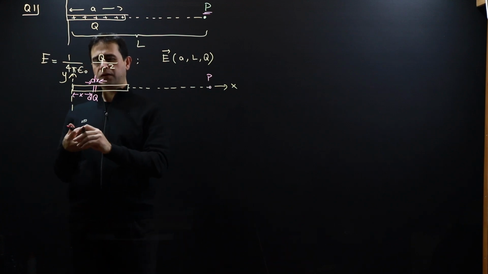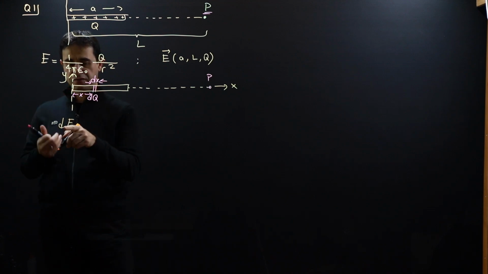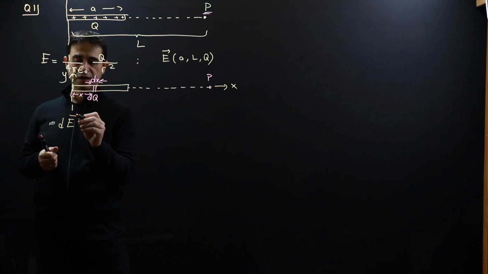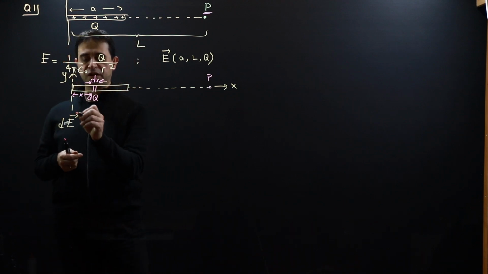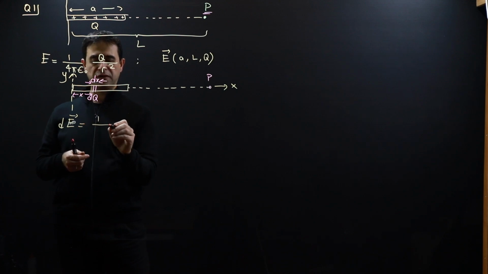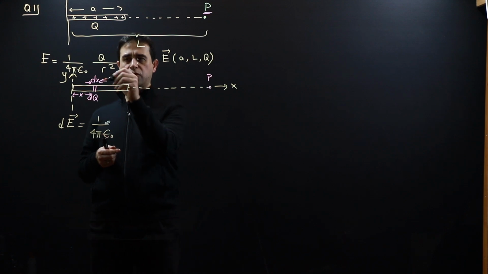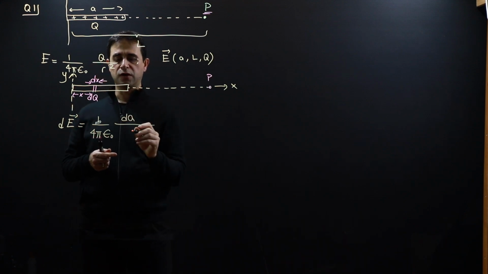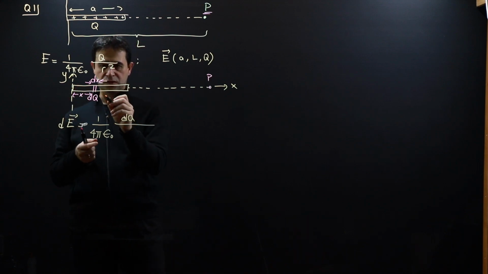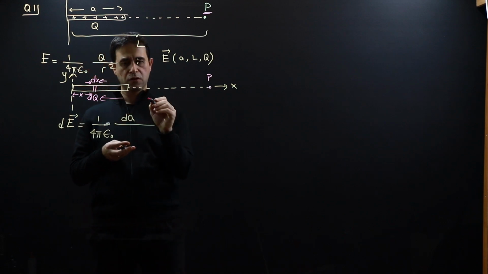The electric field due to this small guy dq, I'm going to call that dE. dE stands for infinitely small electric field, and obviously it's a vector, so that's why I'm putting an arrow on top, and that's equal to the same factor, 1 over 4 pi epsilon 0. And then instead of Q, I have a small charge, which is dq, divided by the distance, which is the distance from all the way up in here to here.